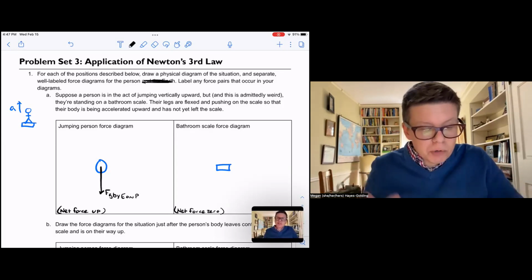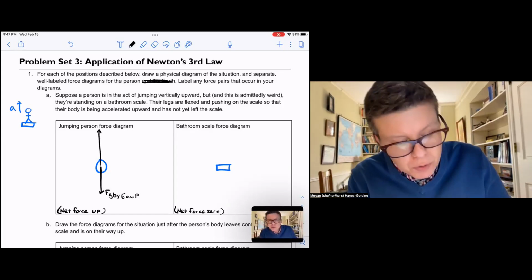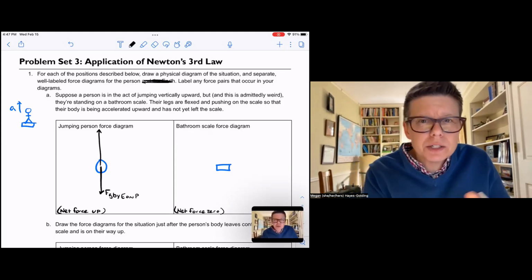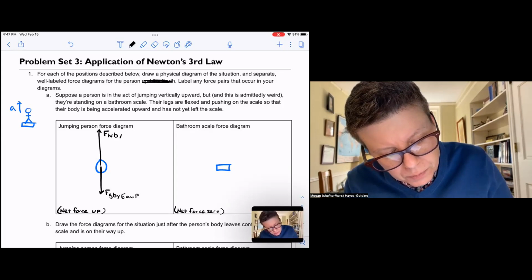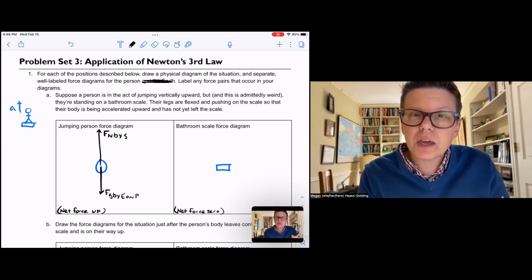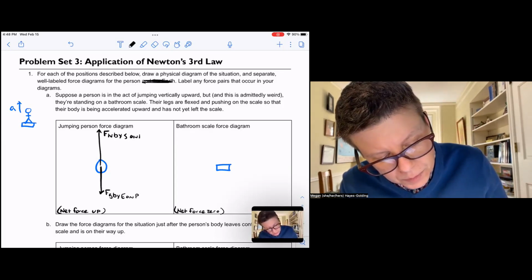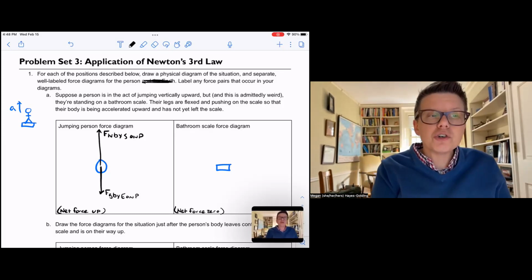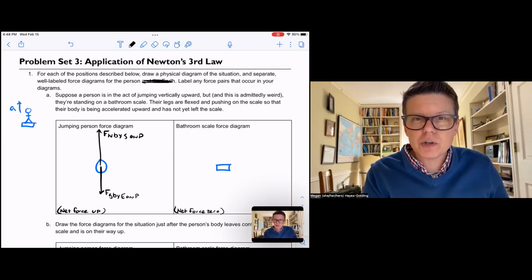The thing that's actually pushing them up is a normal force or an applied force. That detail's not important. By the scale, that detail's important. The scale is the thing pushing the person up. And it needs to be a larger upwards force than the downwards force of gravity. That's what I've shown in this picture.